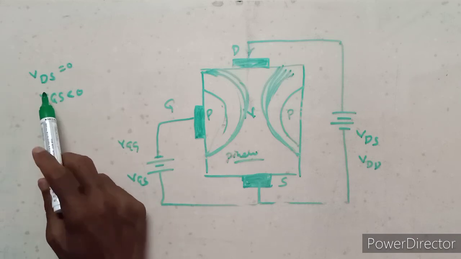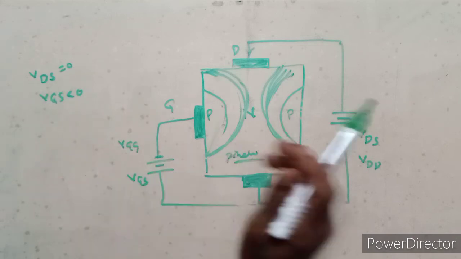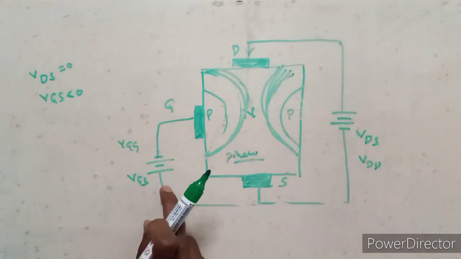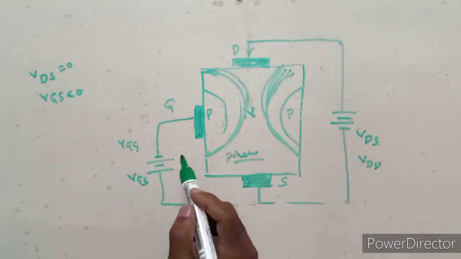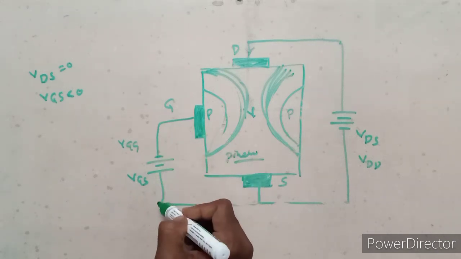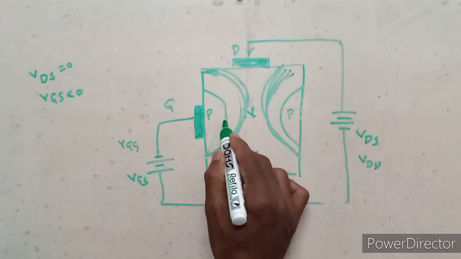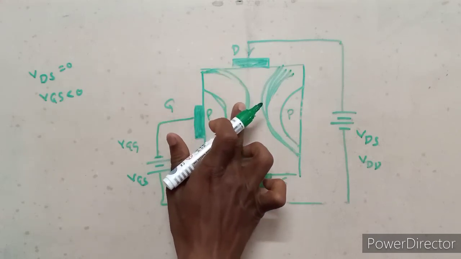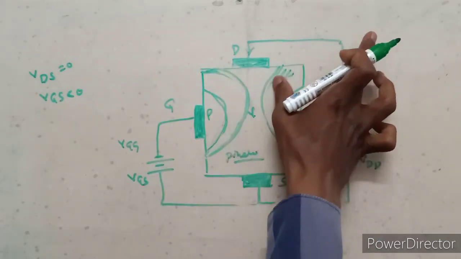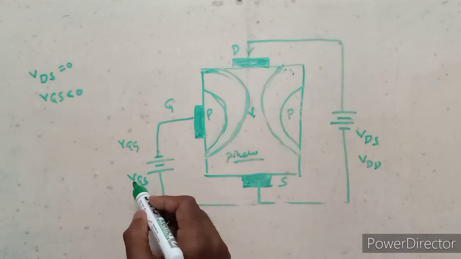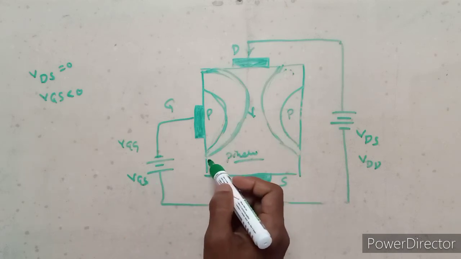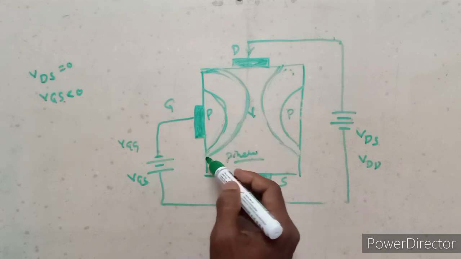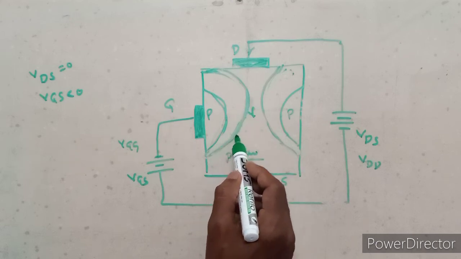The third condition is VDS equals 0, VGS less than 0. There is no connection here, only this connection. As the voltage decreases, the current decreases and the depletion layer is enlarged.